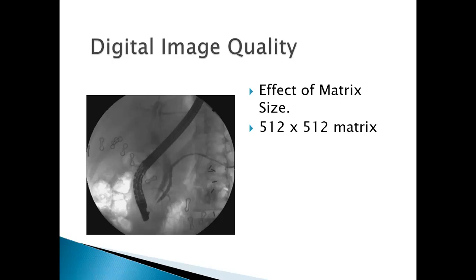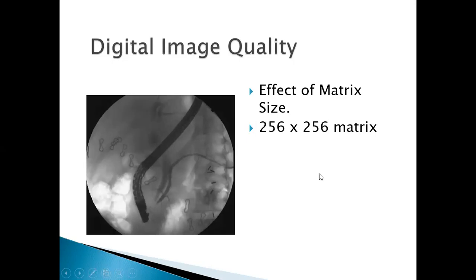With 512 by 512, along the horizontal axis we have 512 distinct lines, and in the vertical we have 512 distinct lines. This is going to give us a very good contrast resolution compared to one where we're using 256 by 256, as the case may be.